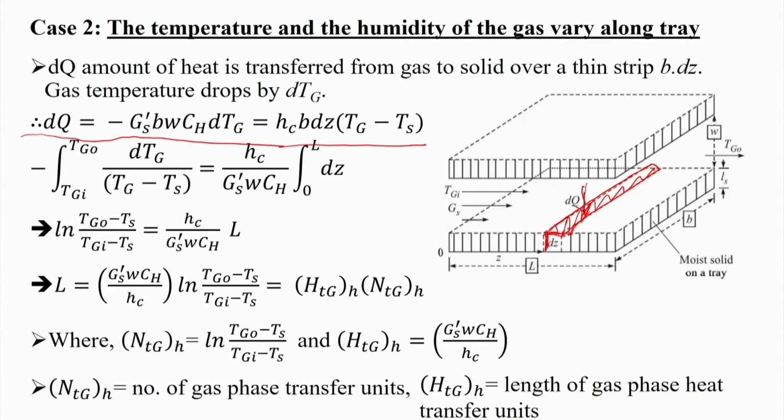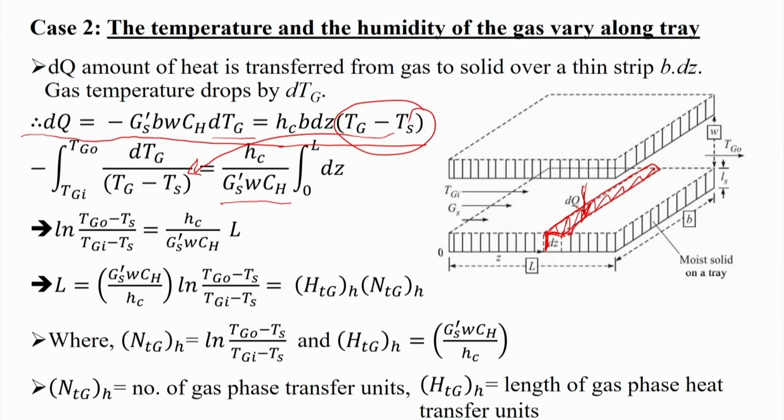So if we do the manipulation, dTg by (Tg minus Ts) will be Hc by (Gs' into W into Ch) into dz.